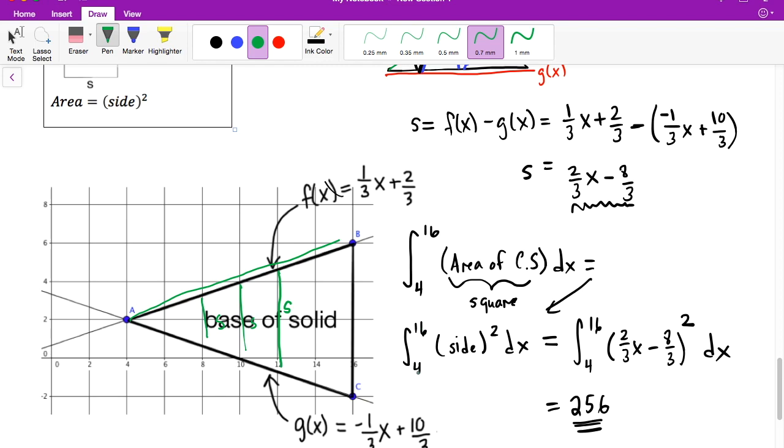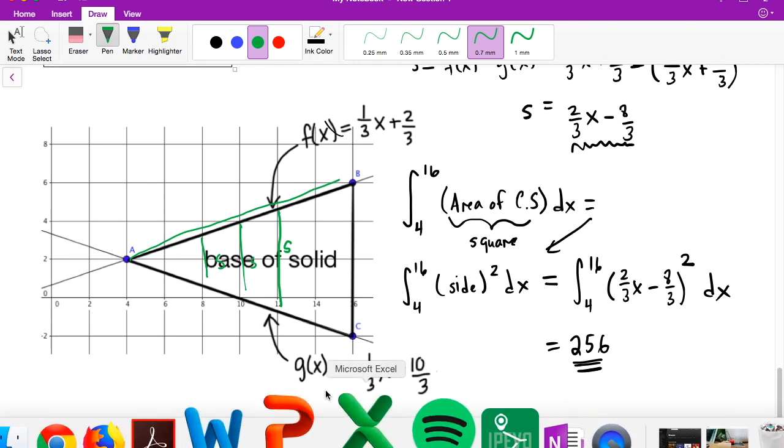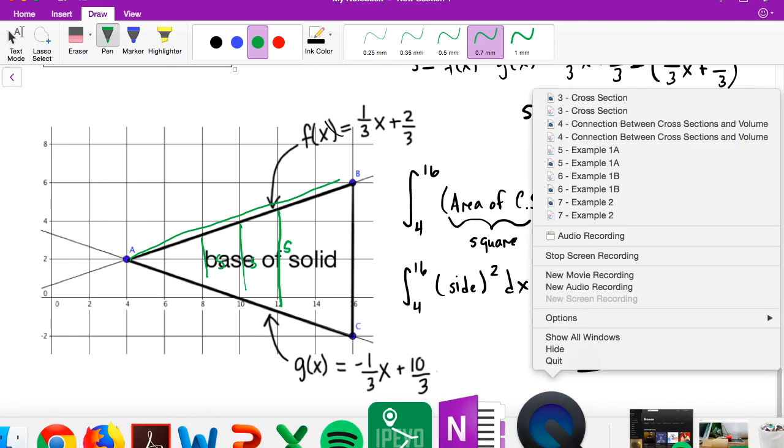So that's the expression for it, and we can just plug it into the integral. The smallest x value here is 4, the greatest x value is 16. The expression for the side of the square is this one right here, and make sure we square it because it's side squared. And when you integrate this in a calculator or by hand, you should get 256.